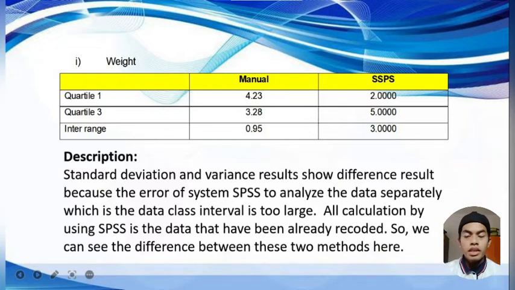Description: standard deviation and variance show different results because of an error in the system of SPSS analyzing the data separately, which is because the data class interval is too large. All the data used above is already recorded.